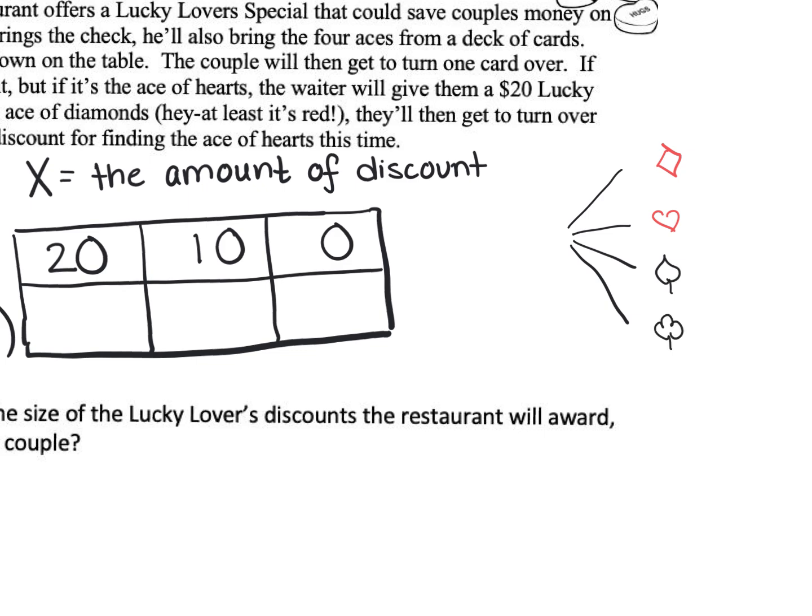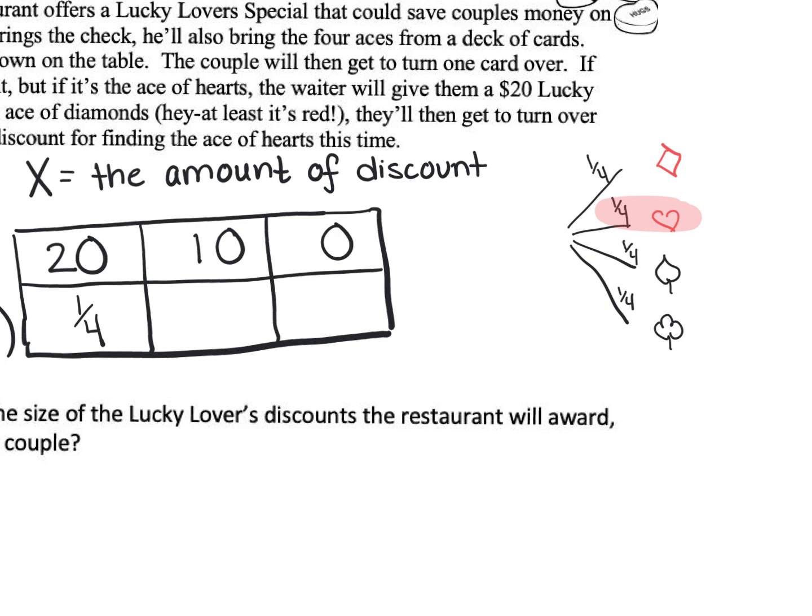Each of these probabilities would be 1/4 chance. So I'm going to put my probabilities on the branches. Now, if I get the heart on my first draw, that means I get $20. So I know that one instantly. I'm going to write that into my distribution.